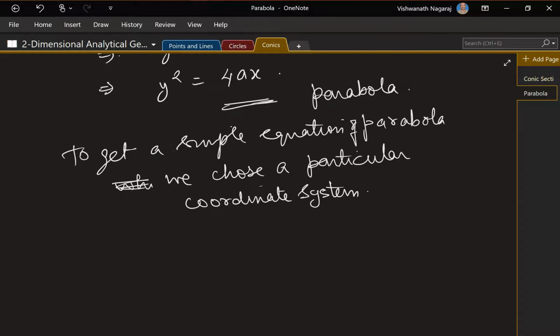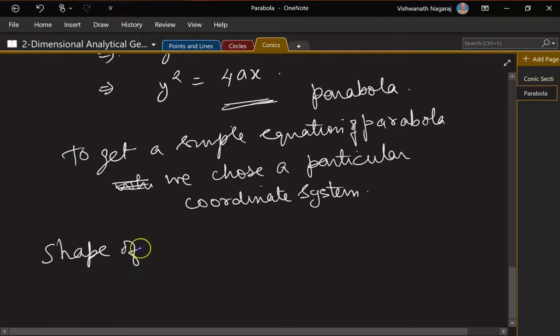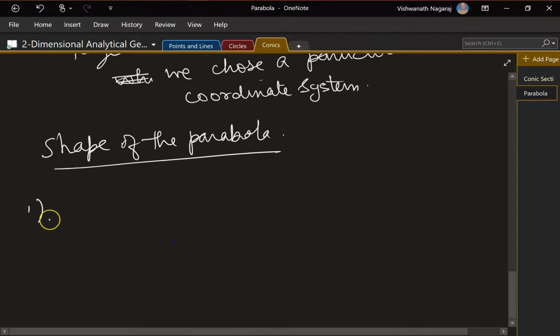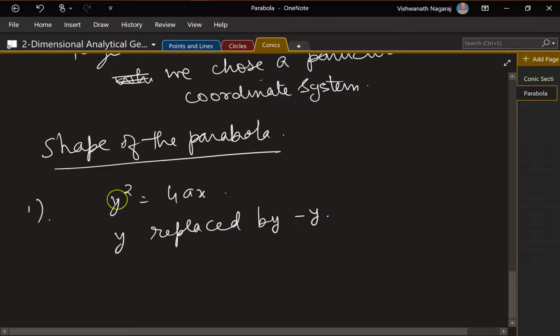Now let's look at some way by which we can figure out the shape of the parabola. Remember, Y square is equal to 4AX. If we substitute Y replaced by minus Y, what happens? Because of that Y square, no change.